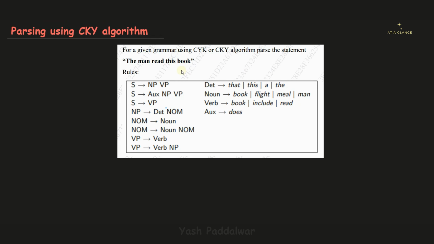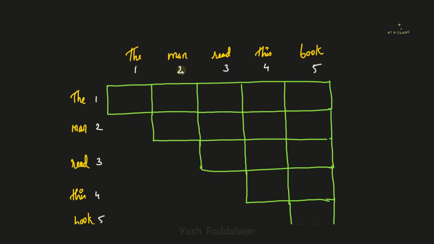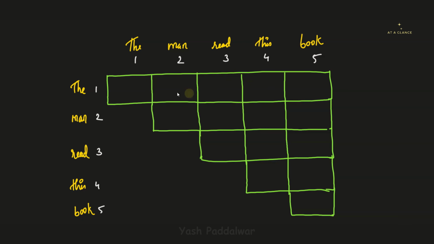Therefore, we have to construct a table of size 5 cross 5, and we are going to only look into the upper right part of this table. So our main focus will be on these cells. It's very simple to create this table. We just created a 5 cross 5 table and eliminated the bottom left part.